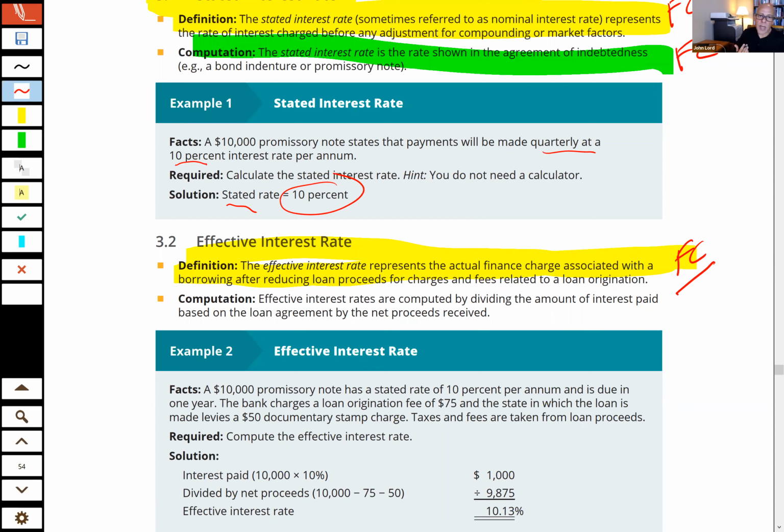You're going to have to back that off of the proceeds to calculate what the effective interest is. After you've made that calculation, effective interest is computed by dividing the amount of interest paid based on the loan agreement by the net proceeds that are received. And so you can go ahead and flashcard that computation.